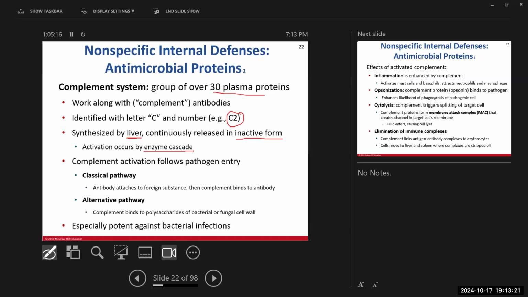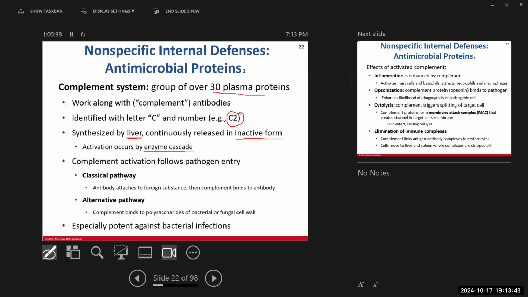So one will activate another, which will activate another and cause the desired outcome, which we'll talk about here in a second. So there's two different pathways that complement can operate by. One's called the classical pathway, then the other one is the alternative pathway. I know, real original, but basically, keeping it simple.